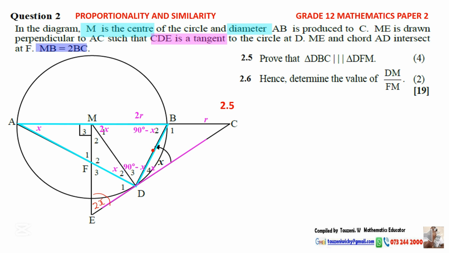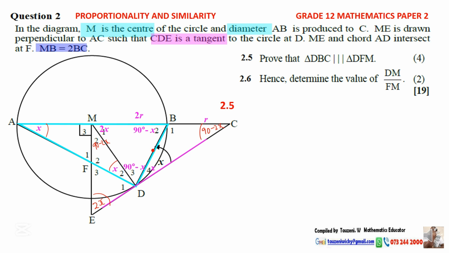That one there is x, this one is x, and this one is 90 minus 2x. We also calculated angle C, and we got 90 minus 2x. We can find F2 using angles in a triangle add up to 180. We can also find F1 using angles in a triangle add up to 180.